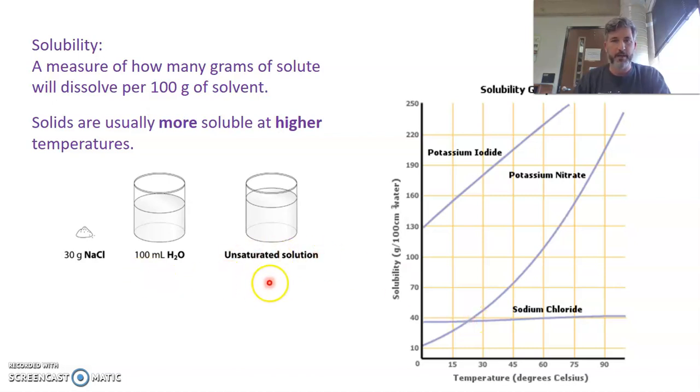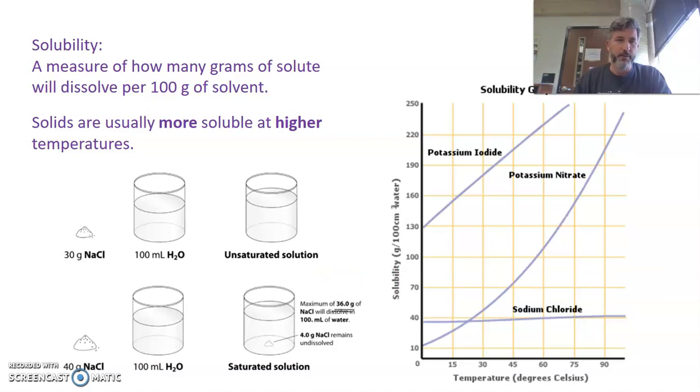So what we have here is an unsaturated solution, and it will look clear because all of the ions in that 30 grams of sodium chloride have dissolved. Now, if I go up to 40 grams and keep the temperature at 25 degrees Celsius, with the same amount of water, only about 36 grams could dissolve at that temperature.